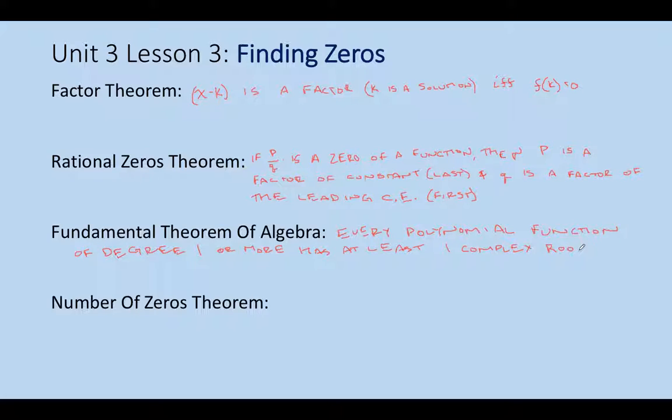Okay, so in other words, when you graph any polynomial, it's going to cross the x-axis at least once. It might do more than that, twice, 3 times, 4 times, could be a whole lot of times. But it's going to cross at least once, and so it has at least one solution.